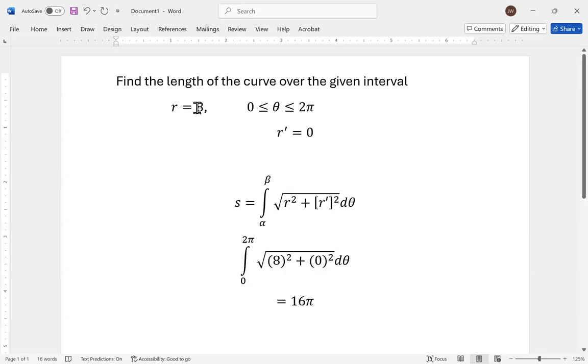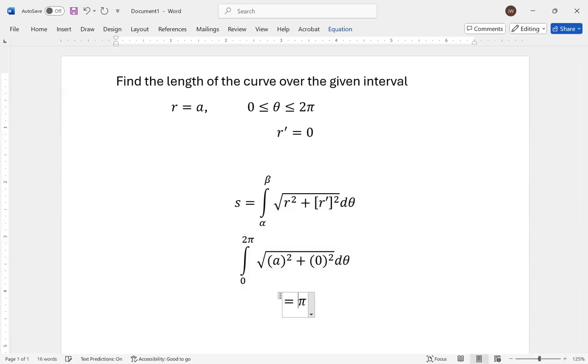You can see that for any circle of any radius, if I said what is the arc length of the circle of radius, we'll call it A. Well, if A is a number, then the derivative of r is 0. You'd get the square root of A squared, which is just an A, integrated from 0 to 2 pi.